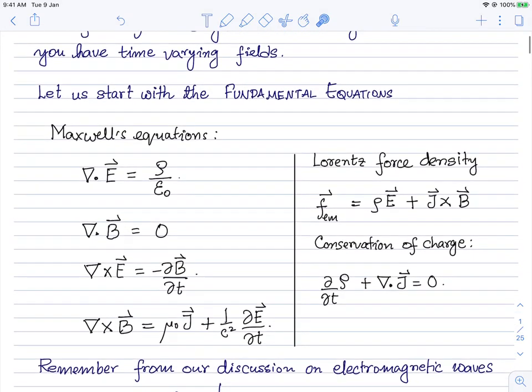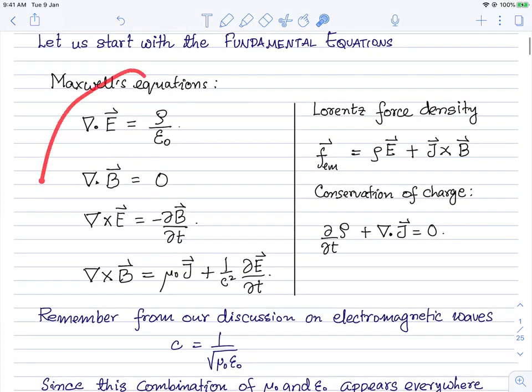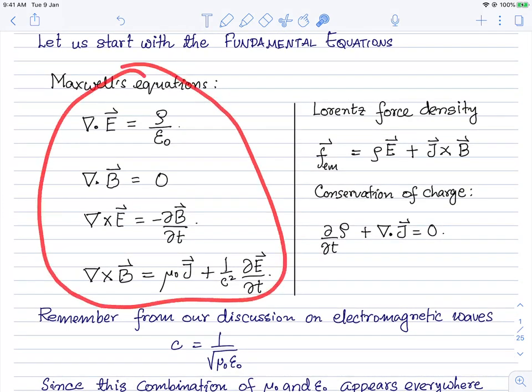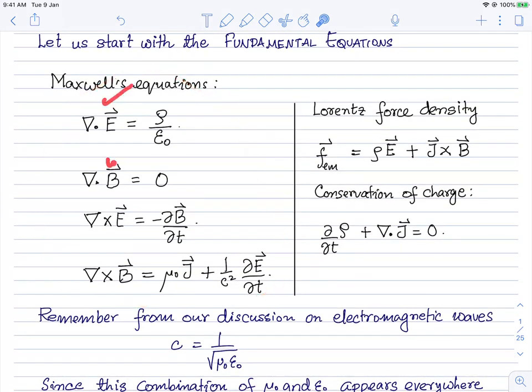To start, we have the Maxwell's equations, and these Maxwell's equations are supposed to tell us what the electric and magnetic field are in terms of the sources. Given some charge density or some current density, we have to solve these equations to know the electric and magnetic fields.